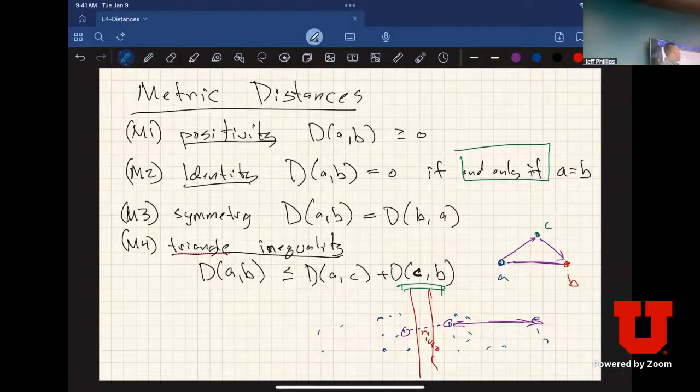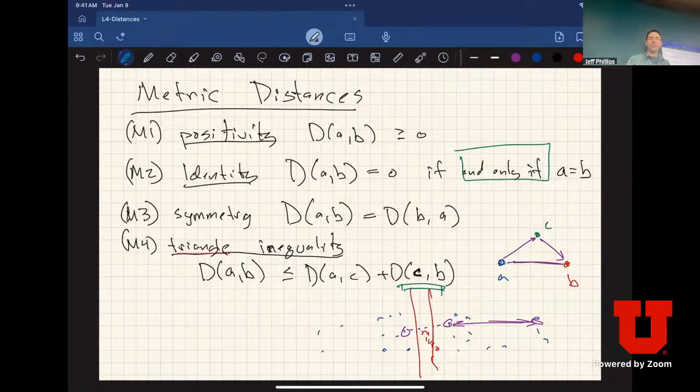This 'and only if' means that I can't put two different objects in and have the distance be 0. If they are different objects, different points in the space X that I care about, then they cannot have a value of 0 if they are not exactly the same. And this can sometimes be a little bit trickier to achieve. You don't always need it though.